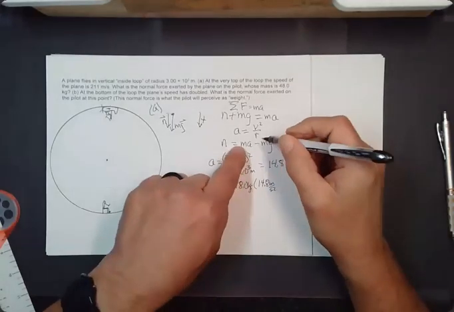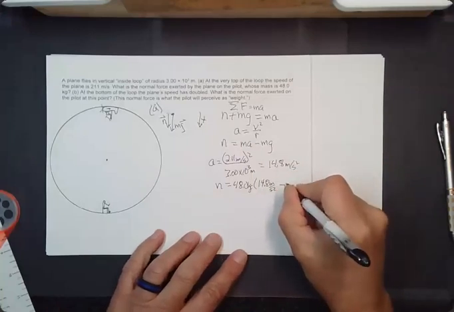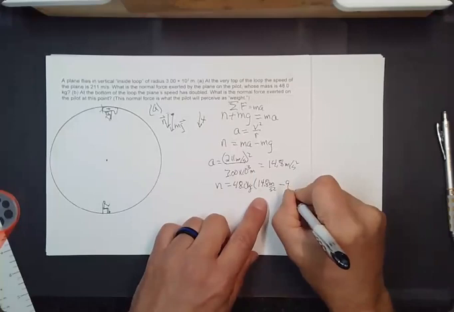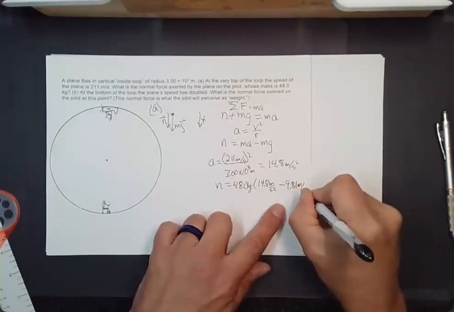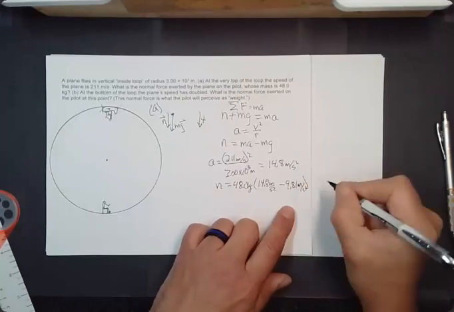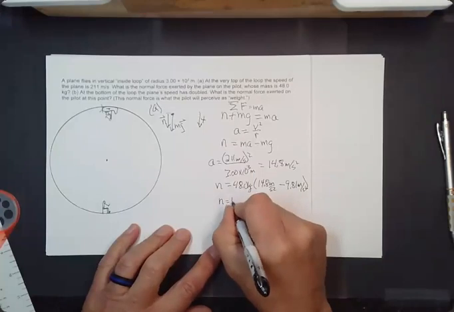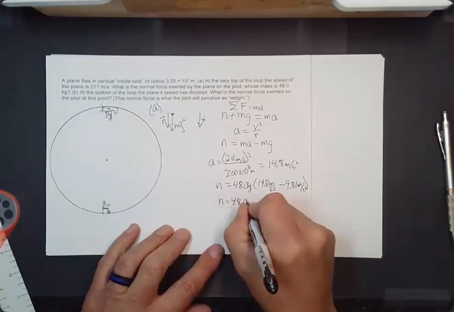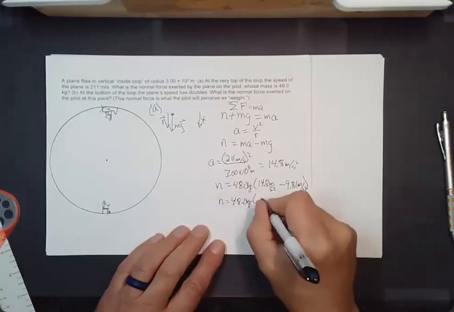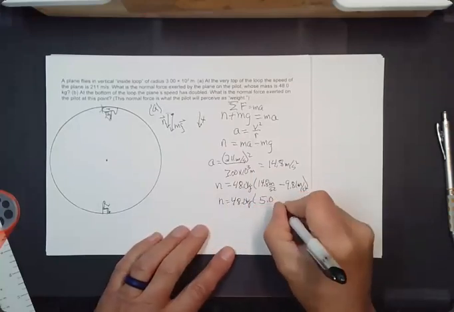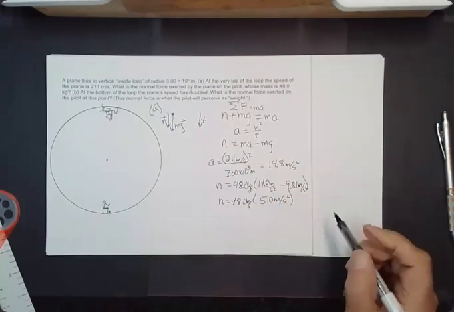If I factor out the M, it's going to be A minus G left inside the parentheses. And as far as sig figs, if I write this as 9.81, I'll end up losing that 1 there, and I'll just have the normal force will be 48.0 kilograms times 14.8 minus 9.8 is just going to be 5.0 meters per second squared.